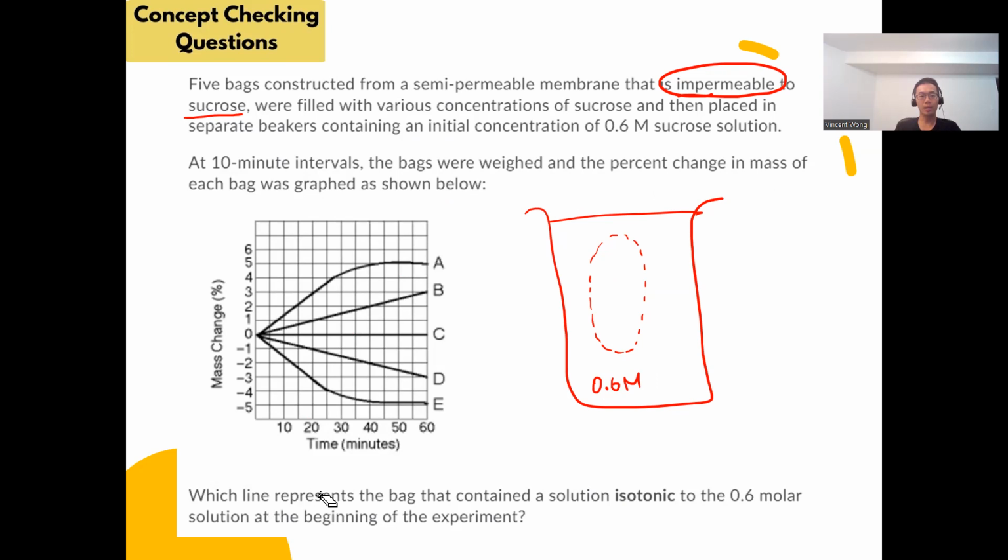Which line represents the bag that contains the solution isotonic to 0.6 molar solution at the beginning of the experiment? Isotonic to the outside, to the beaker, means it's the same concentration. So if it's 0.6 M outside, it's also 0.6 M inside. Again, you didn't really have to understand what the M represents. It's just the concentration, a particular number.